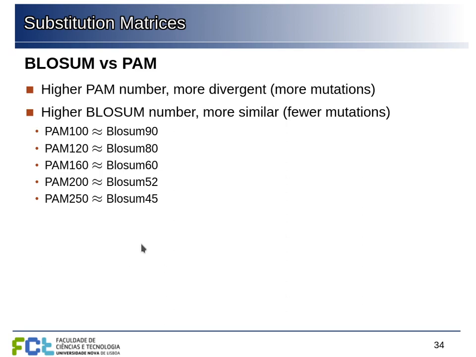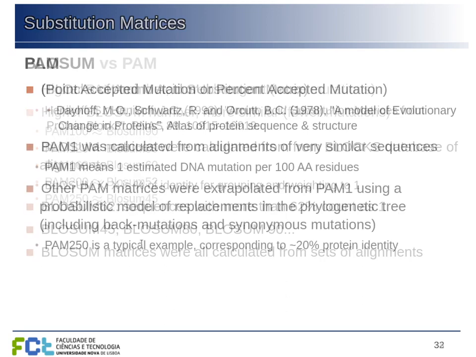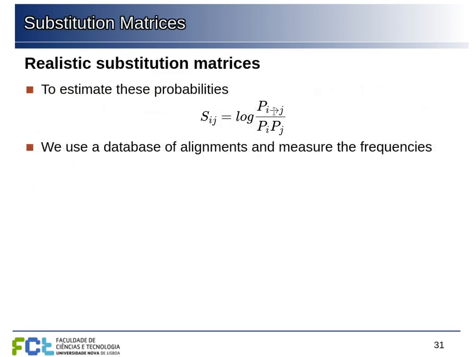The important idea is that when we are computing the frequency of changes from one residue to the other, if we are using very different sequences, we get lots of changes, whereas if we are counting mostly similar sequences, then we have many cases where the residue is the same before and after.